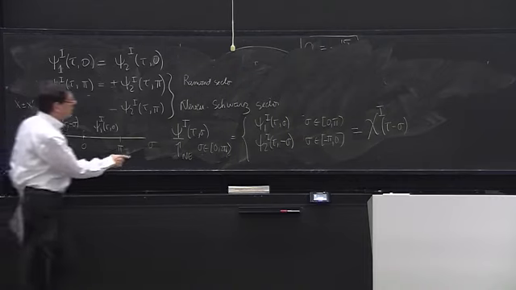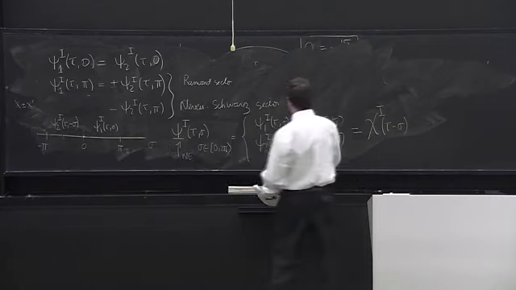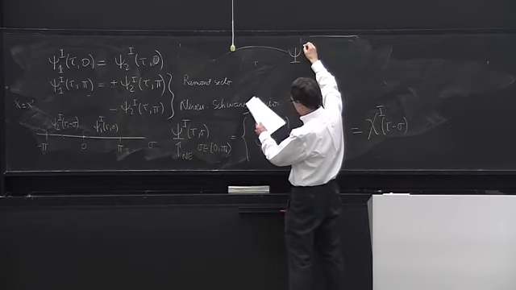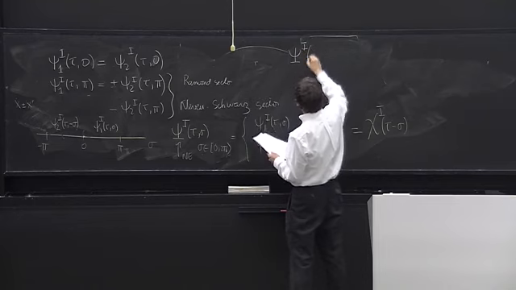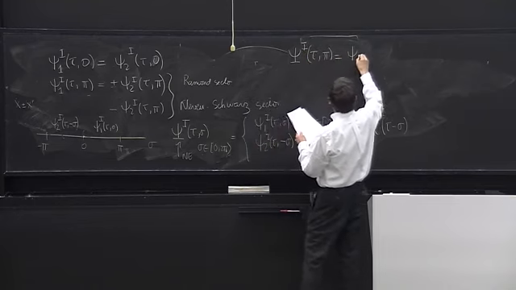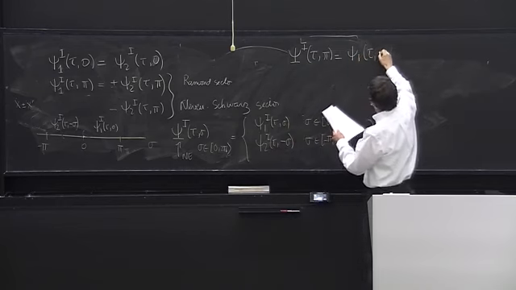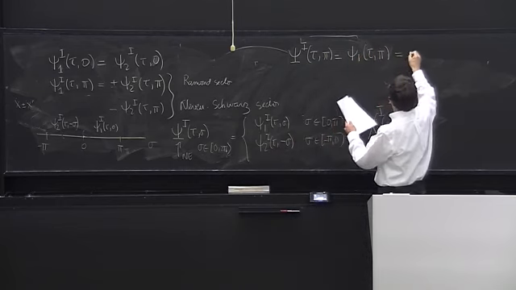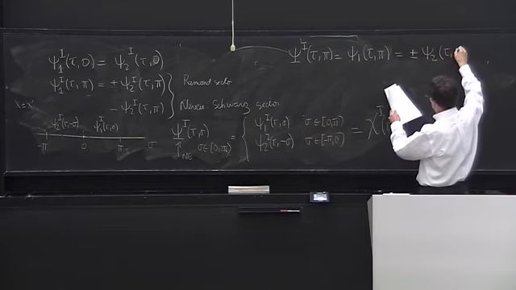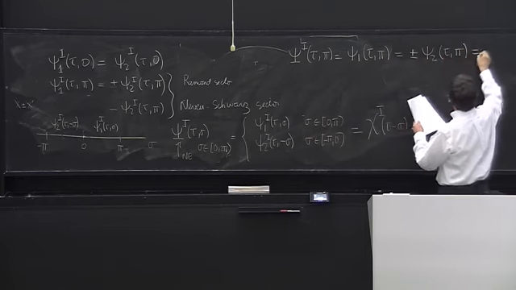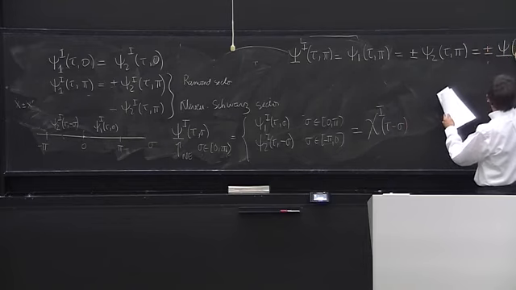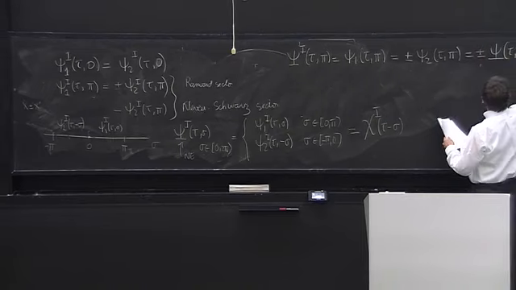So this whole field, psi I of tau pi, is going to be psi1 of tau pi, which is plus or minus psi2 of tau pi, which is plus or minus psi of tau minus pi.